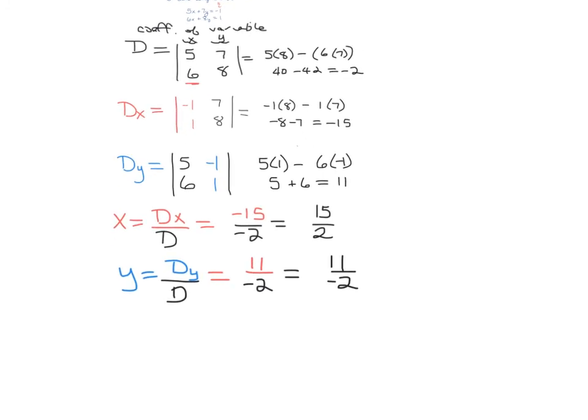So the answer to this system is going to be the ordered pair 15/2 and -11/2. Again, remember the solution to a system of equations are the points where the two equations cross. So this is the ordered pair where these two equations cross.